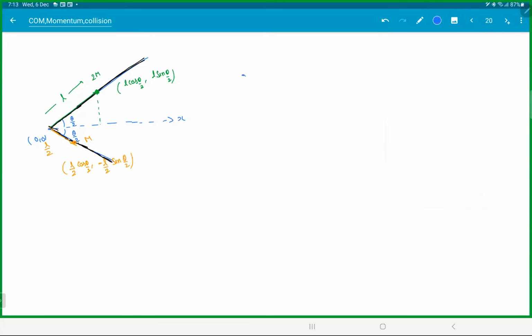Negative, na? So the x center of mass will be 2m L cos theta by 2 plus m L by 2 cos theta by 2, by total mass 3m. The m will cancel. 2 plus half, 5 by 6 L cos theta by 2.